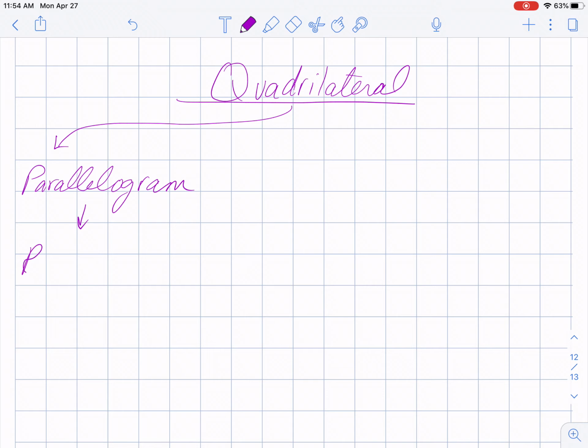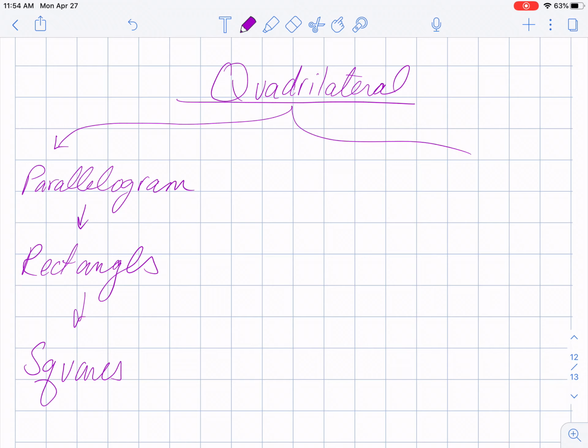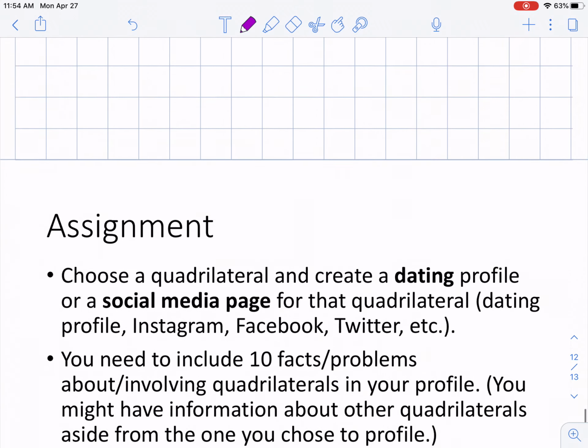Within our parallelograms, we have rectangles, and within our rectangles, we have squares. The further down the branches of this tree diagram, the more specific you get. You might also have a kite. Remember, a kite doesn't have parallel sides. So quadrilateral is this overarching thing, and then we have specifics based on that.